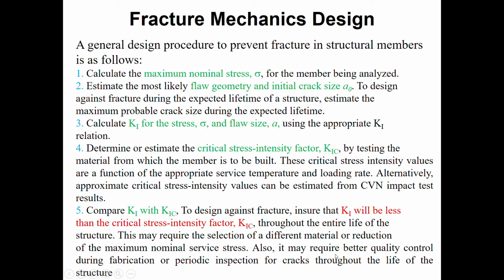Also, it may require better quality control during fabrication or periodic inspection for cracks throughout the life of the structure. Okay, we will see an example that will be shown here following each step of the fracture mechanics design.